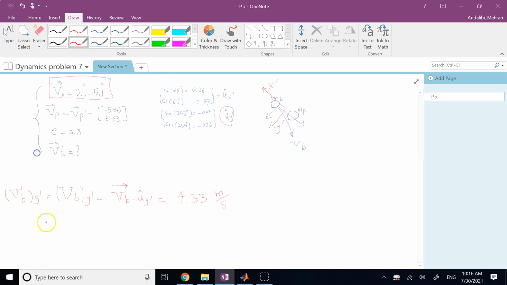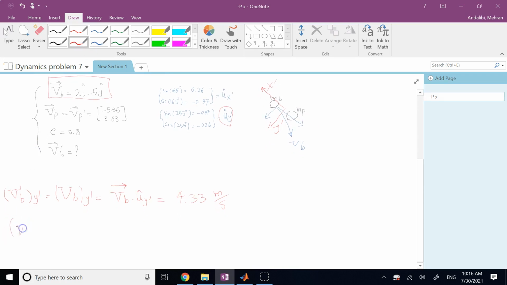I can also find the x component of velocity of the ball along the x prime direction, which is going to be v of the ball dot ux prime, using a dot product, and let's do that one here.